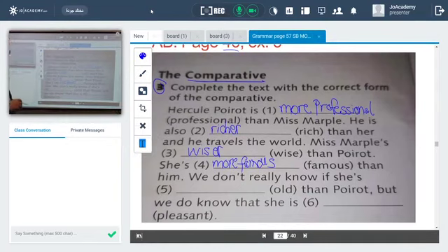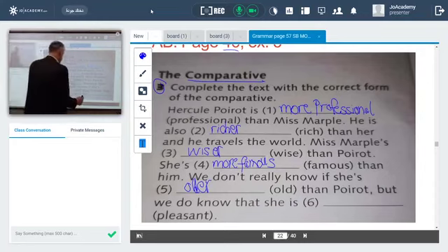We don't really know if she is old than Poirot. If she is what? If she is older than Poirot. But we don't know that, but we do know that she is, and we have the adjective pleasant. She is what? She is more pleasant.